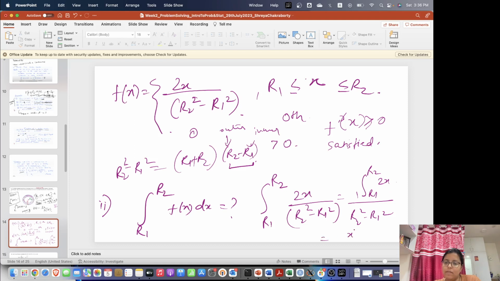So this will be x square from R1 to R2 by R2 square minus R1 square. So this will come up to 1. So both the conditions are satisfied. Now, is it clear till here?